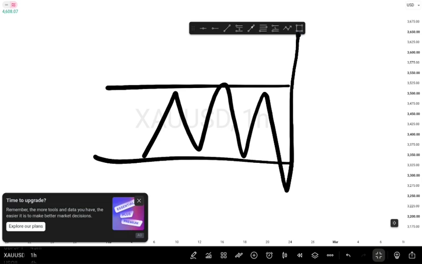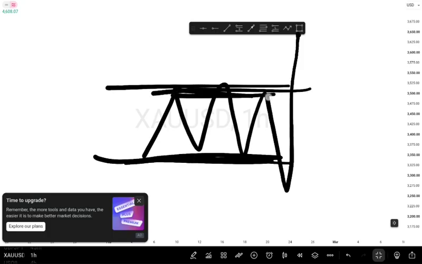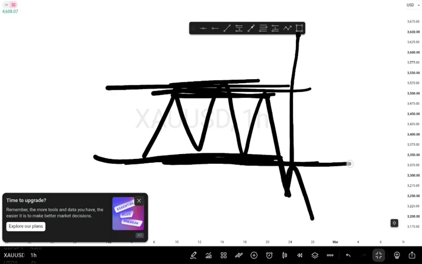Do you understand? This is how liquidity works. So market takes out every buyer right here, and then comes back to buy again. Those that are buying right there, market takes them away. Those that are buying when market has broken it to resell, market takes them away before it buys. That is how support and resistance or ranging market liquidity works.